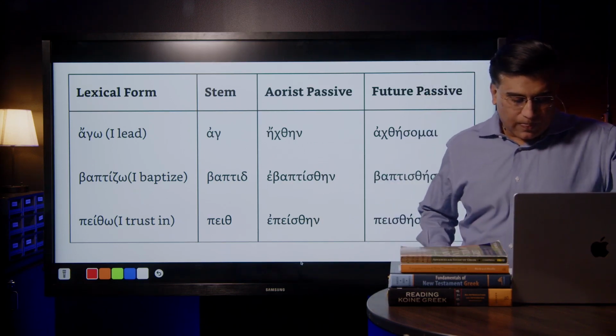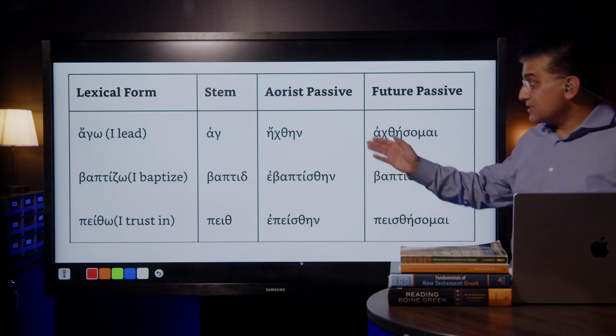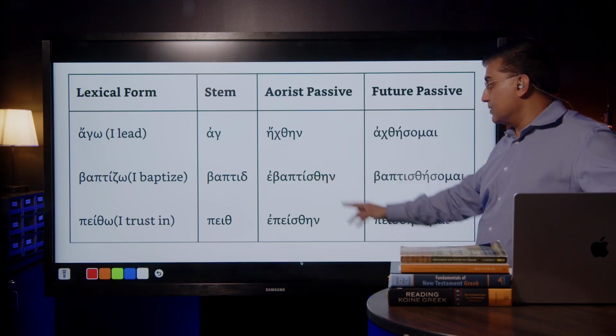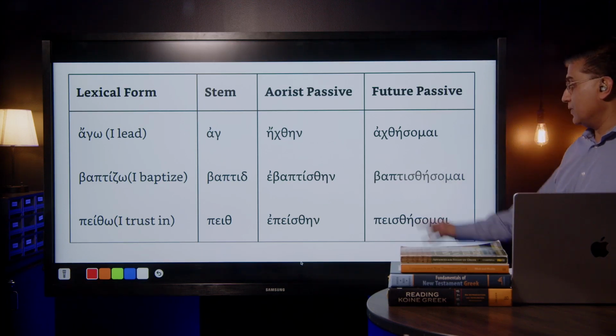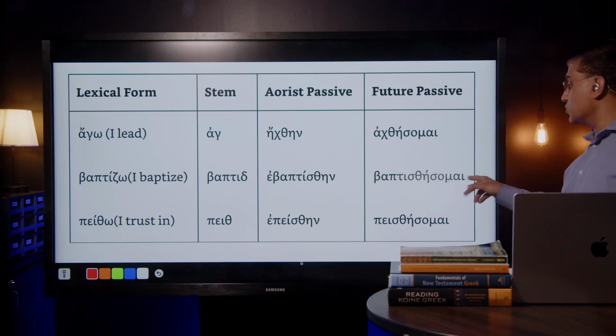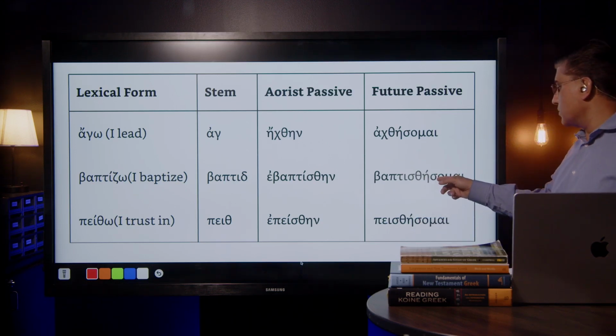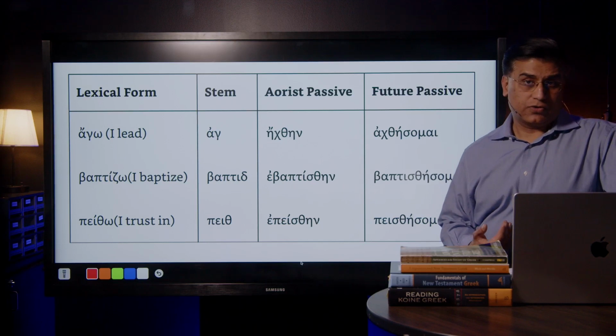So also baptizo, baptid is the stem, aorist passive is ebaptisthen, future passive baptisthesomai, the theta indicating the passive, sigma indicating the future. Okay?